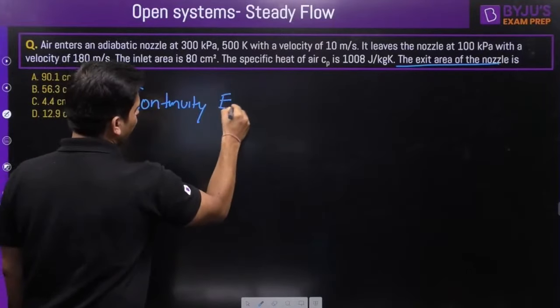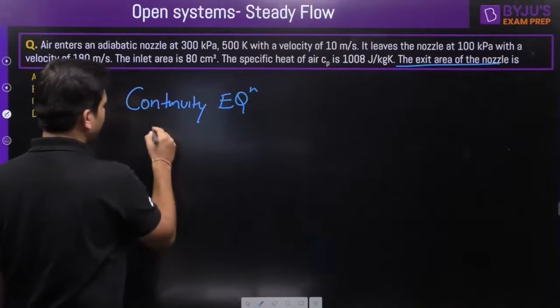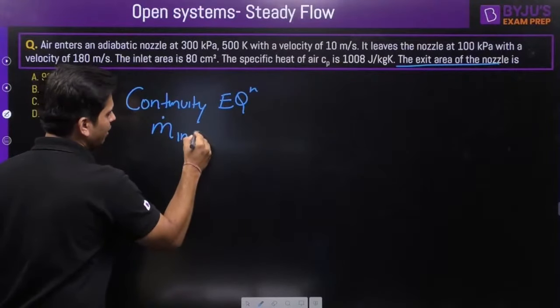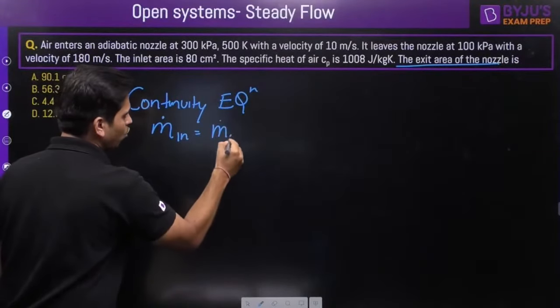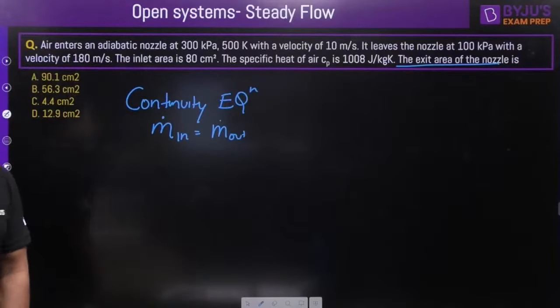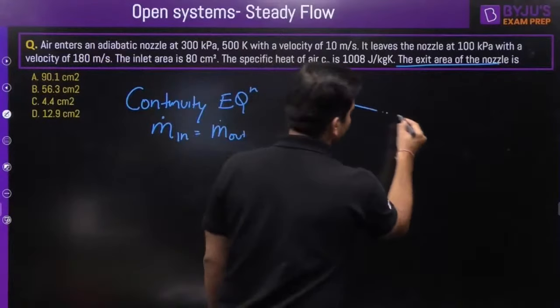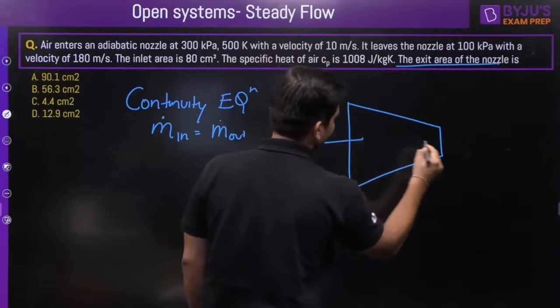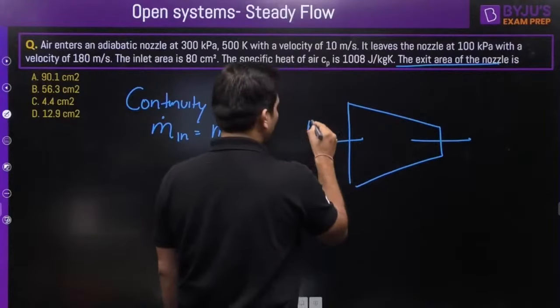What is the continuity equation? Mass conservation: mass in is equal to mass out. In the nozzle there is no accumulation; whatever is entering will go out.